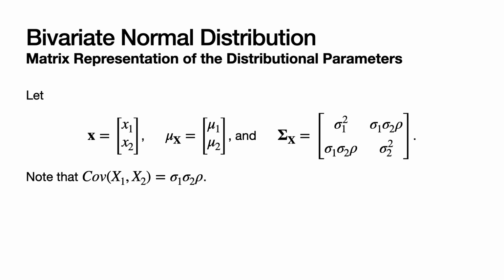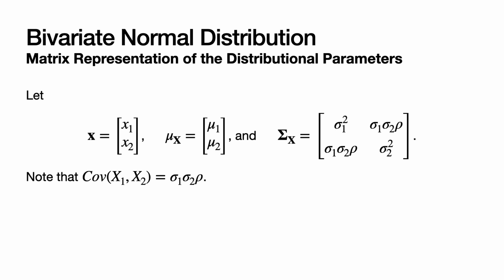And then we'll let bold sigma sub bold x be a 2x2 matrix that contains sigma 1 squared in the 1,1 entry, sigma 2 squared in the 2,2 entry, and then in the entries in position row 1, column 2, and also row 2, column 1, we'll have the quantities sigma 1 times sigma 2 times rho.